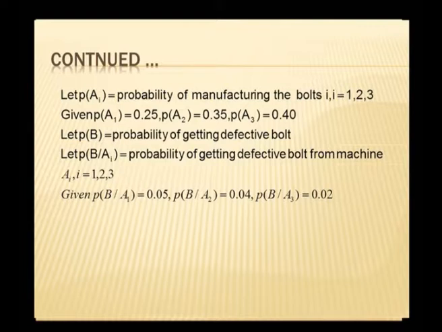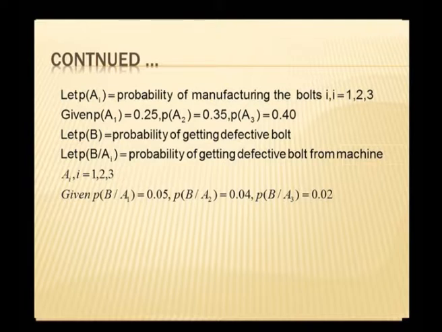So, you take P of Ai to be the probability of manufacturing each of the bolts, that is i is equal to 1, i is equal to 2 and i is equal to 3. That means P of A1 will be 25%, 25 by 100, so we get 0.25, P of A2 is 35%, 0.35, P of A3 is 40% of their output, so 0.40.